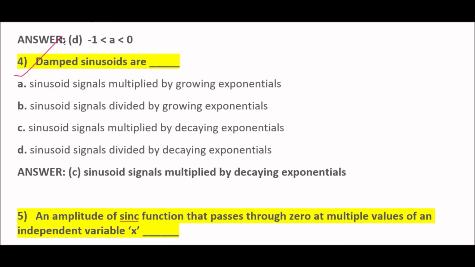Option D, sinusoid signals divided by decaying exponentials. Okay, don't be confused in this question. Just listen to me very carefully. Right answer here is option C. Damped sinusoids are sinusoid signals multiplied by decaying exponentials. Okay. Sinusoid signals multiplied by decaying exponentials.